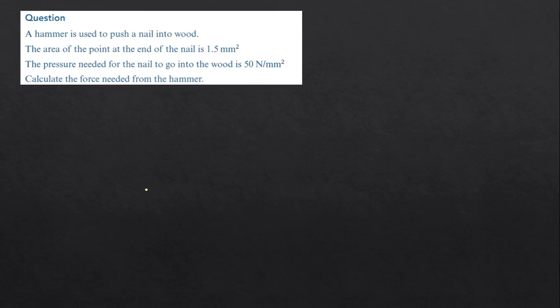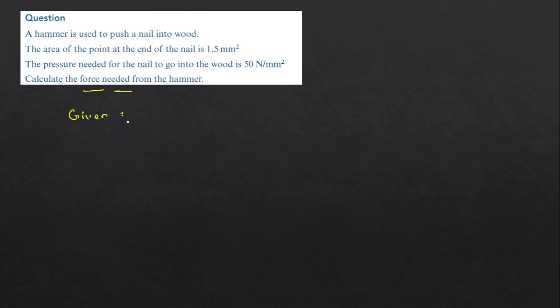Let's look at one more question. A hammer is used to push a nail into the wood. The area of the point at the end of the nail is 1.5 millimeter square. The pressure needed for the nail to go into the wood is 50 Newton per millimeter square. We have to calculate the force needed from the hammer. Again, we'll start with the given data.